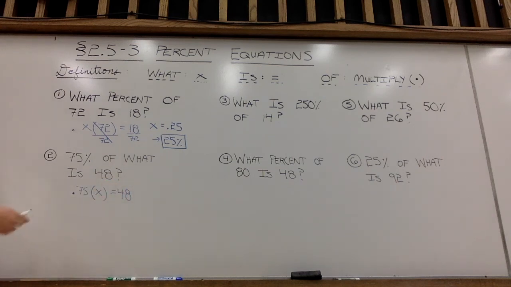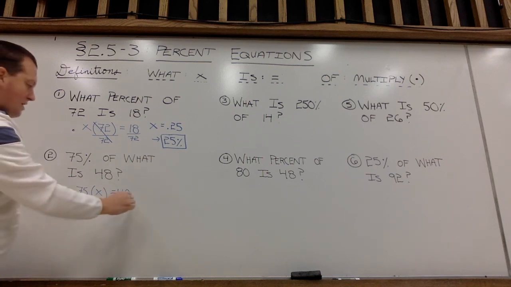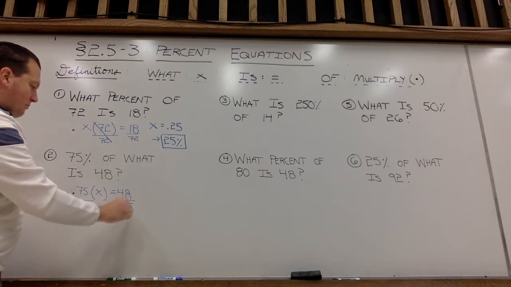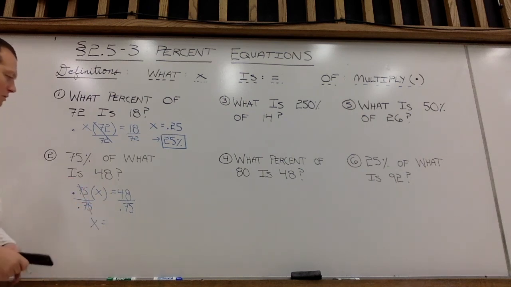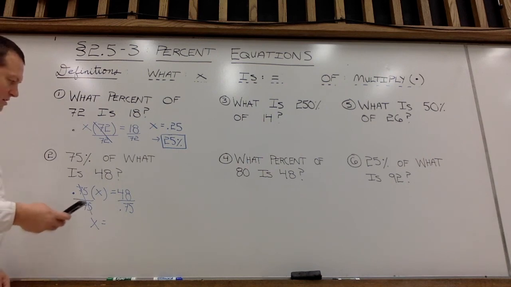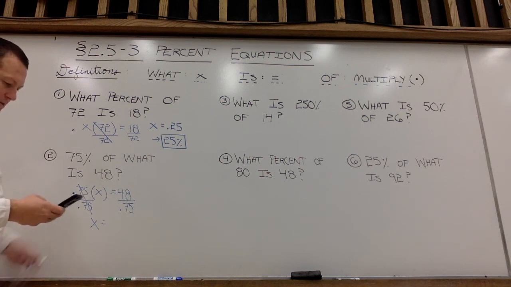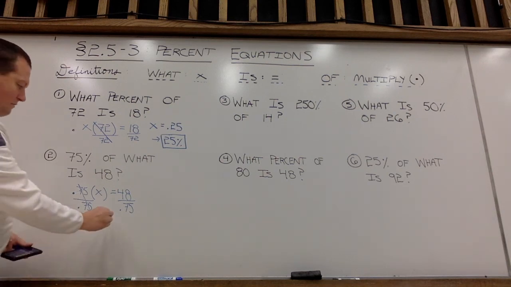So to get X alone, I am going to undo multiplying X by 0.75 with dividing both sides by 0.75. So X will equal 48 divided by 0.75, which I believe is a Nintendo 64. Let's confirm that. 48 divided by 0.75 is 64. Lovely.